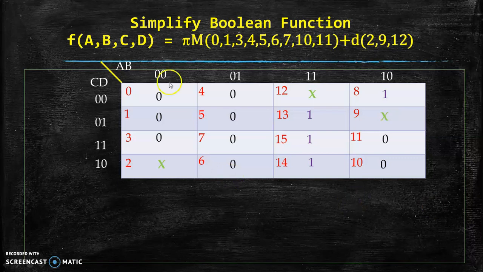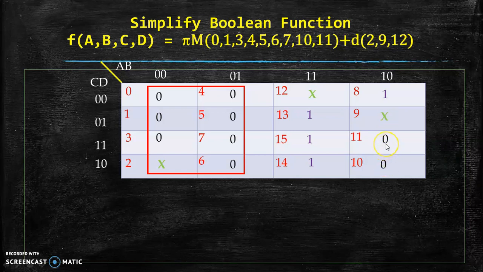So now the next step is to prepare groups. Here we can see that in cell numbers 0, 1, 2, 3 and 4, 5, 6, 7, we have 7 zeros. If we use the don't care condition in cell number 2, then an octet is possible. So this don't care condition we use as a 0 in POS. So one octet is possible. Now again we have 2 zeros in cell numbers 10 and 11.